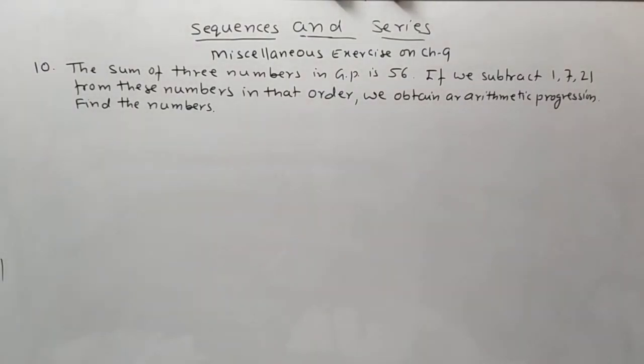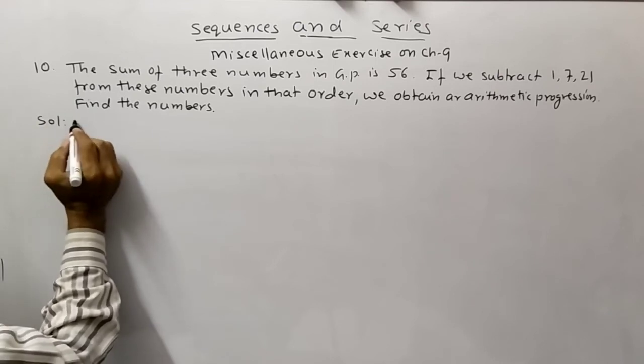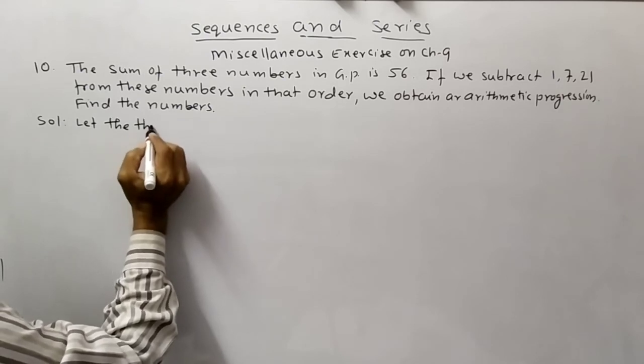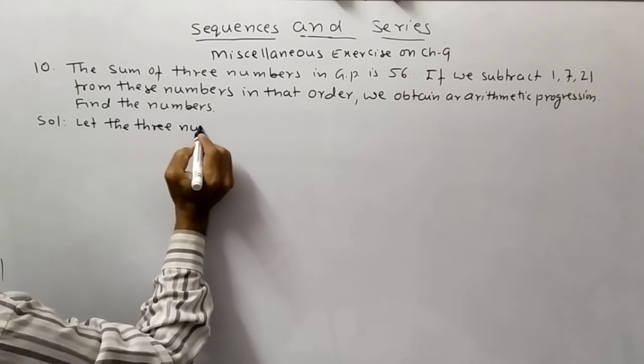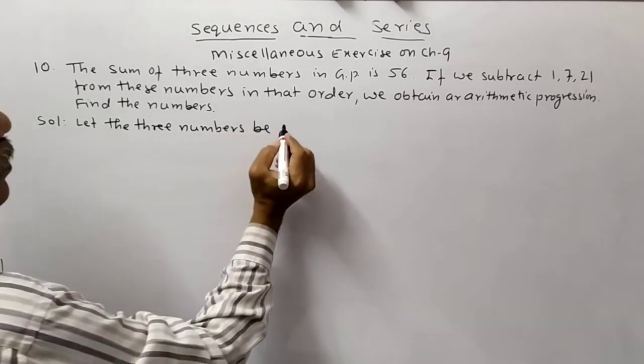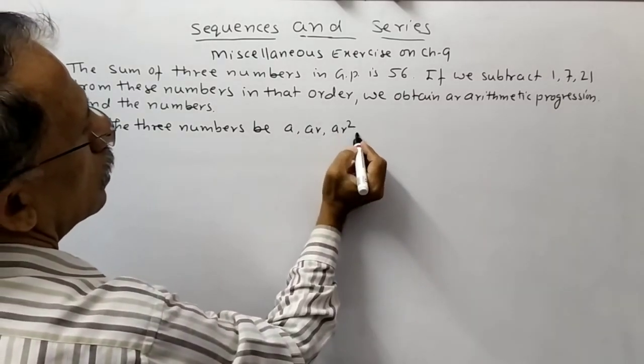Question number 10. The sum of three numbers in a GP is 56. If we subtract 1, 7, 21 from these numbers in that order, we obtain an arithmetic progression. Find the numbers. Solution. Let the three numbers be a, ar, ar square.